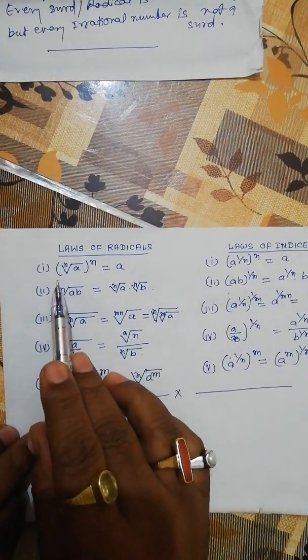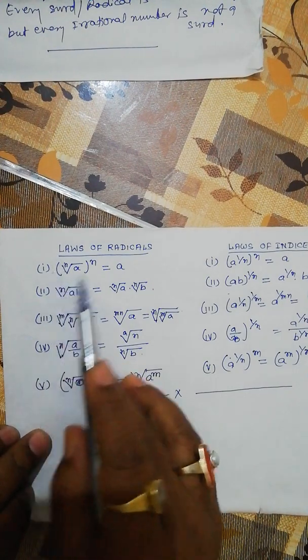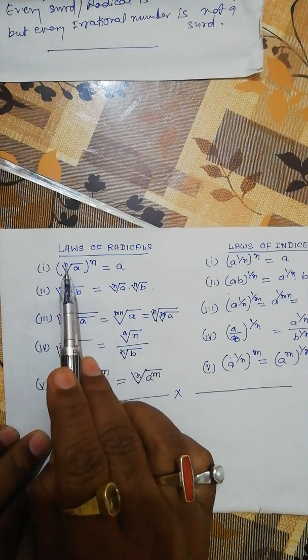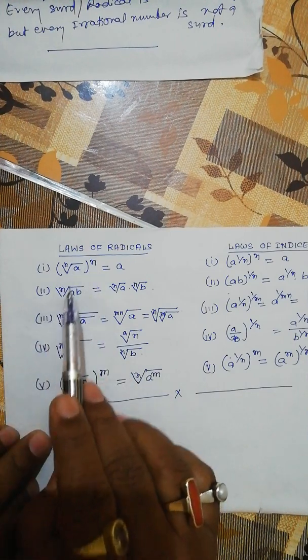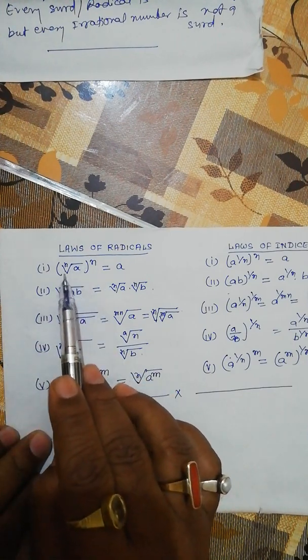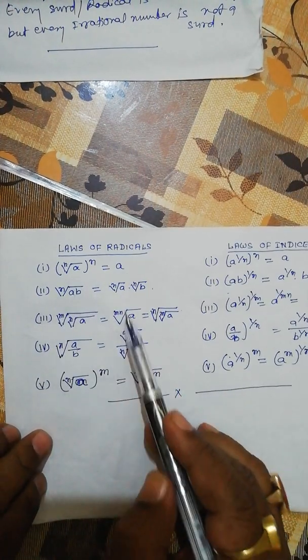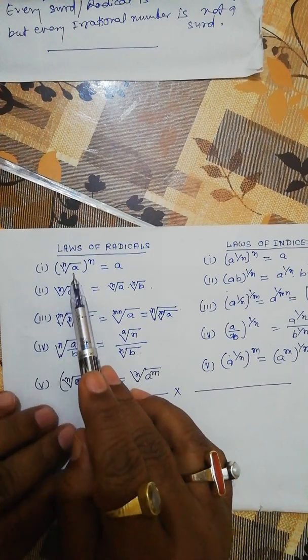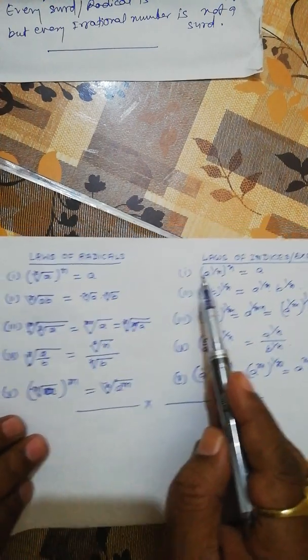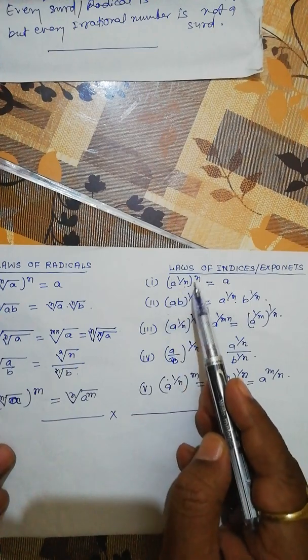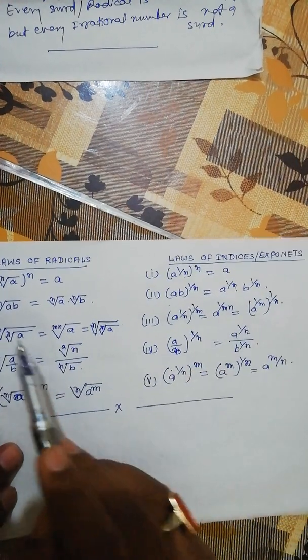So first law is the nth root of a, whole to the power n. If this n and this n both are positive integers, then the value will be equal to the base of that radical. For example, the nth root of a can also be expressed as a to the power 1 by n. So a to the power 1 by n, whole to the power n, will be equal to a only.